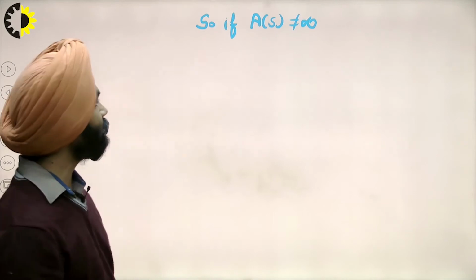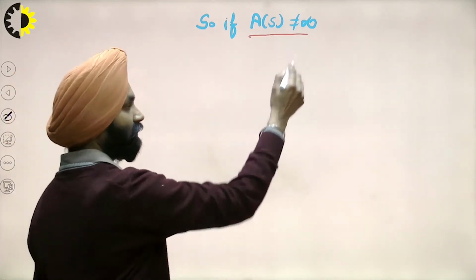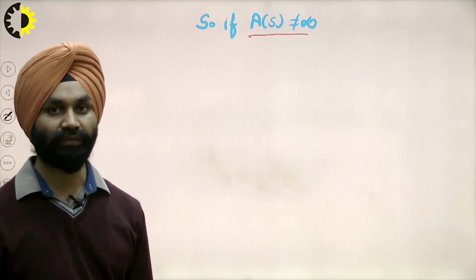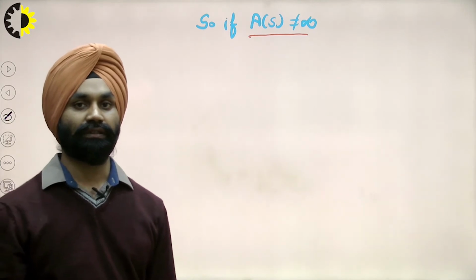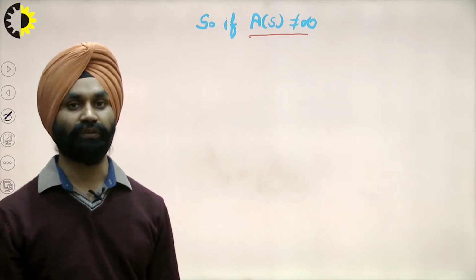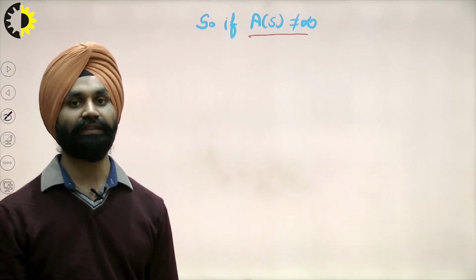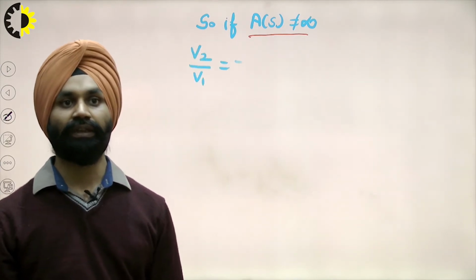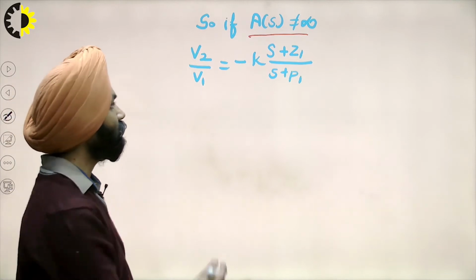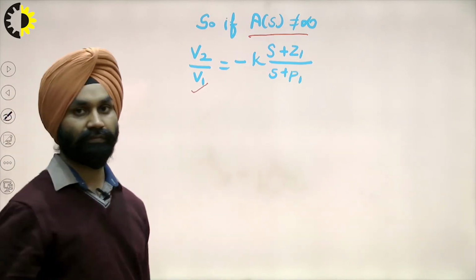Now take the special non-ideal case, meaning the practical case when A(s) is not infinite, the gain of the op-amp is not infinite. When it is not an infinite value, V2 by V1 is given by this equation.